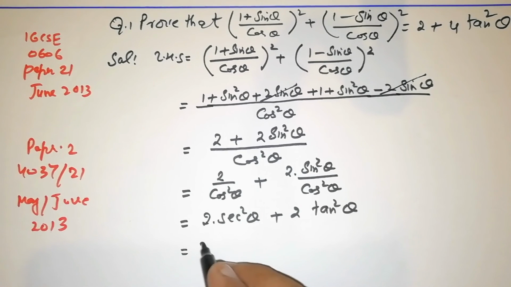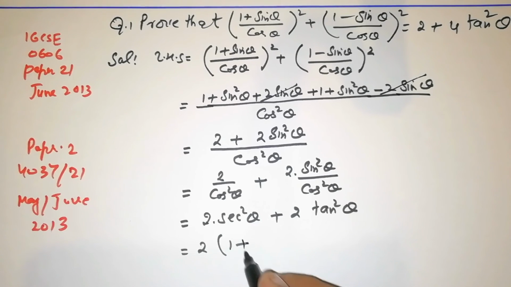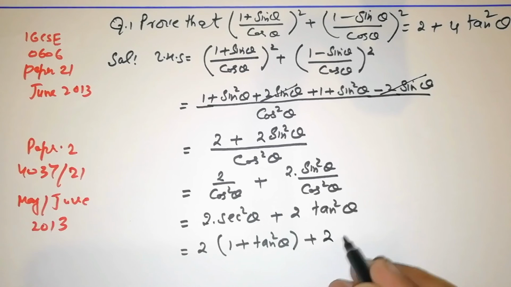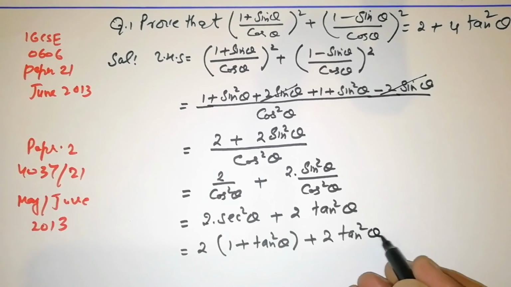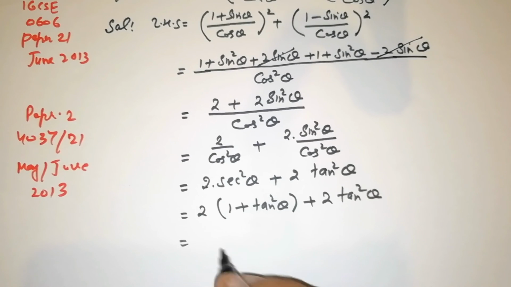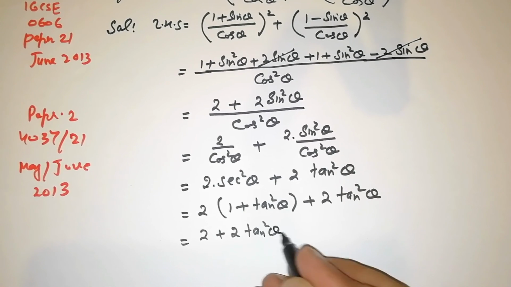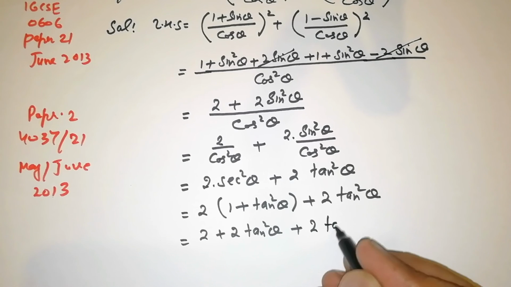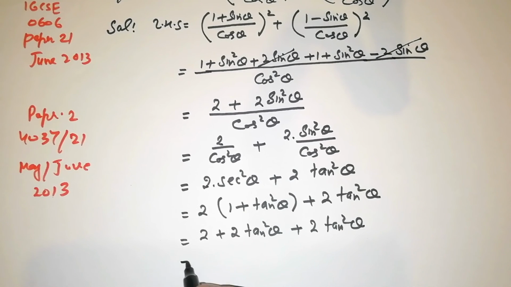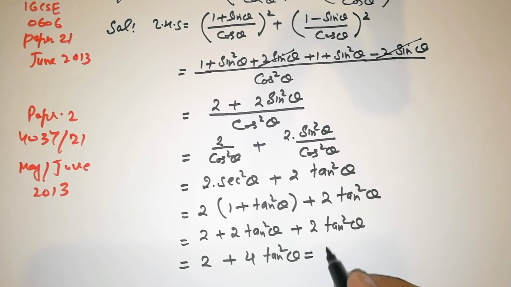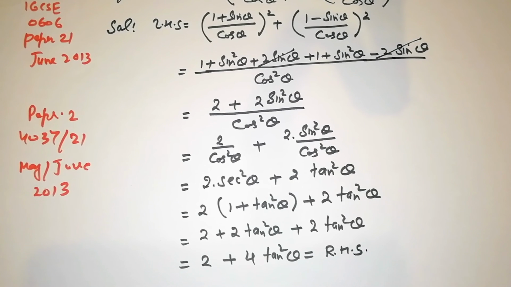You know that is 1 plus tangent square theta plus 2 tangent square theta. Multiply by this 2, we have 2 plus 2 tangent square theta plus 2 tangent square theta. So at the end we have 4 tangent square theta, and this is our right hand side.